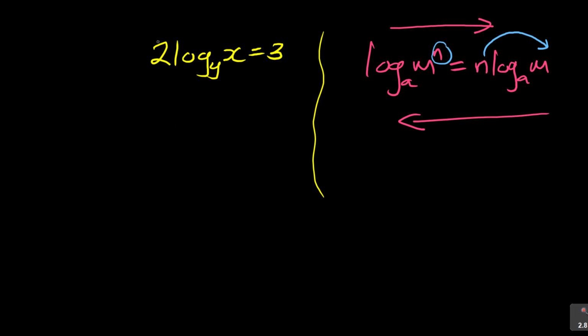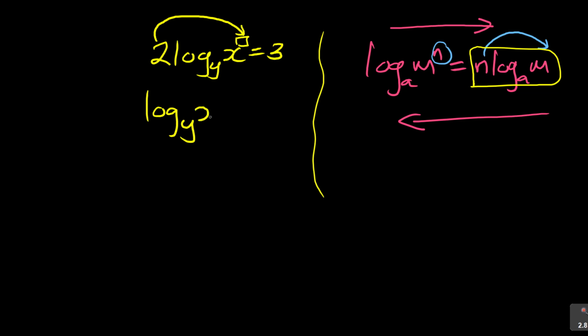I'm trying to say take 2 here, not on the other side. Remember, you are taking it within the same log. There is no equal sign. So here it will become log base y of x to the power of 2. Now it makes sense. Is equal to, you maintain the 3.